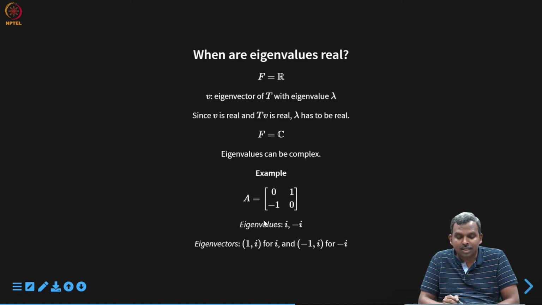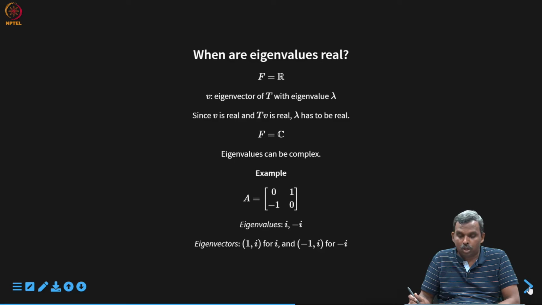In real spaces there will be no eigenvector here, right? We'll look at this soon enough. So in real there are no eigenvectors, but when you go to complex there are eigenvectors, but the eigenvalue is complex and the eigenvector is also complex. So this can happen.